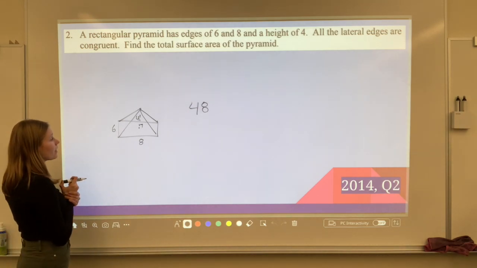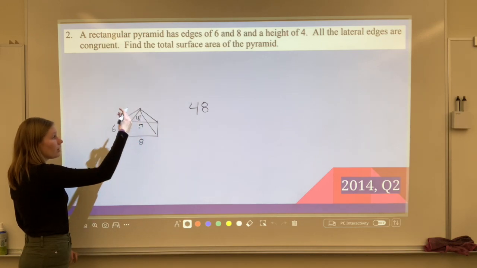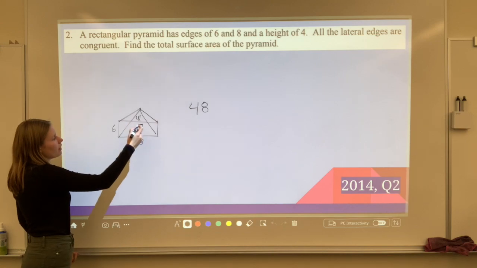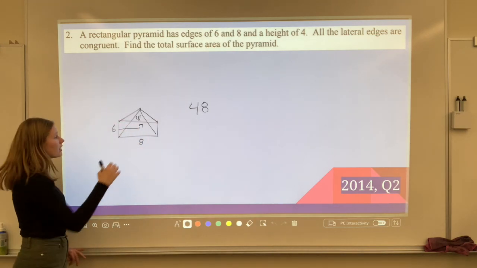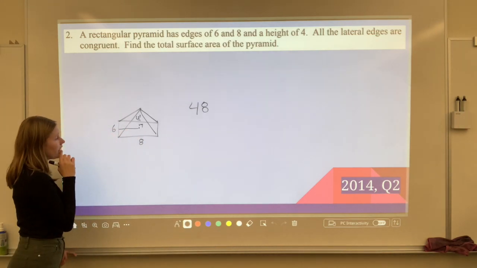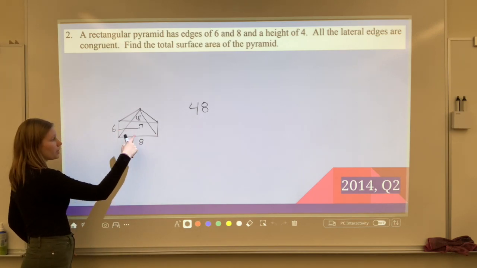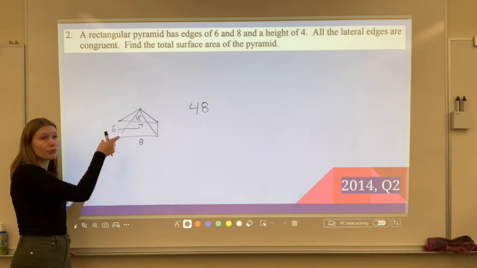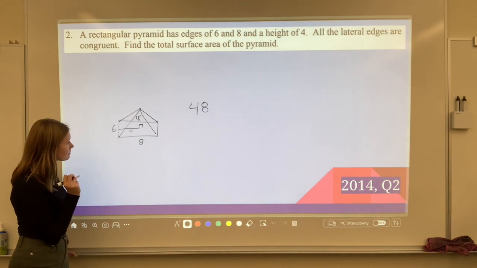Since our height of 4 is drawn exactly down the middle, let's draw a line out to the left here, connecting it to the middle of this side of 6. We know that the length of this line is going to be 4 because it is halfway through the side of 8. I'm going to say that's 4.